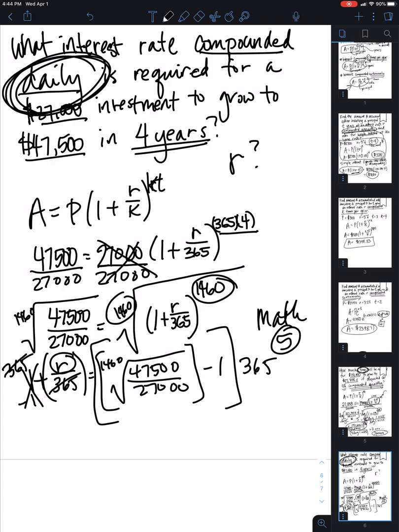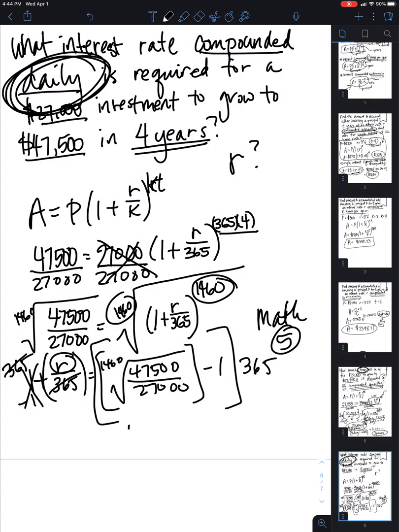Okay, so I'm going to go to my calculator. I'm going to type this in really quick. So I'm going to go math, go down to the fifth one. I'm going to put 1460 in there. 47,500 divided by 27,000. I'm going to hit enter, and I'm going to subtract 1, and I'm going to multiply it by 365.